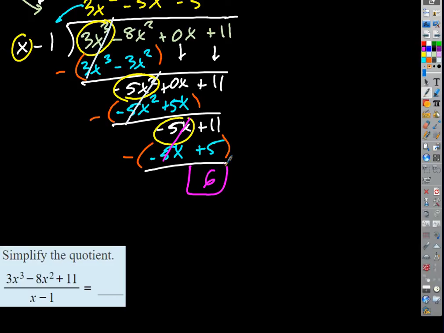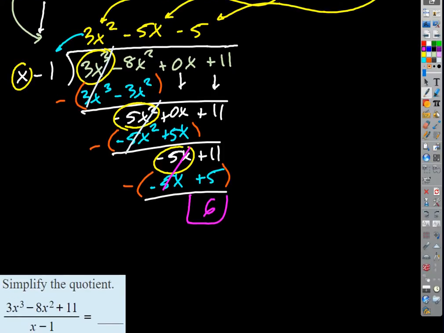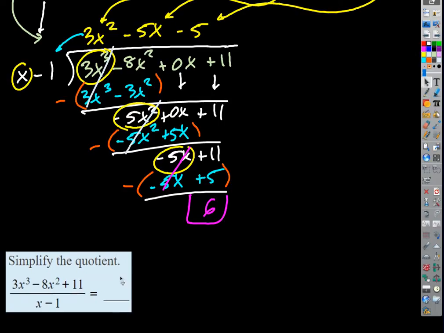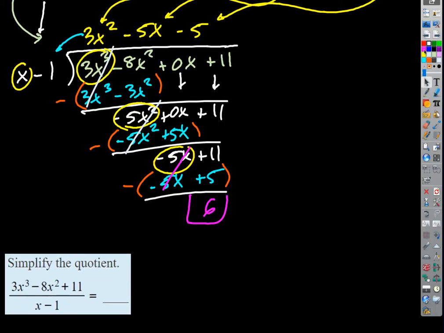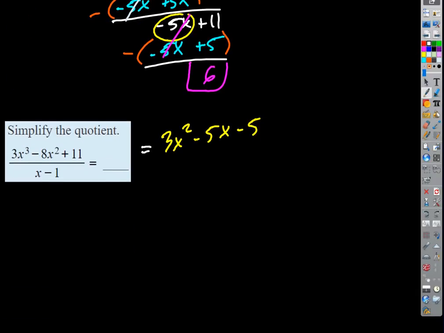So when we write out this answer then, look at the parts we get. Well, we get this part, we get the polynomial part. So my answer is equal to 3x squared minus 5x minus 5 plus what remains over my denominator.